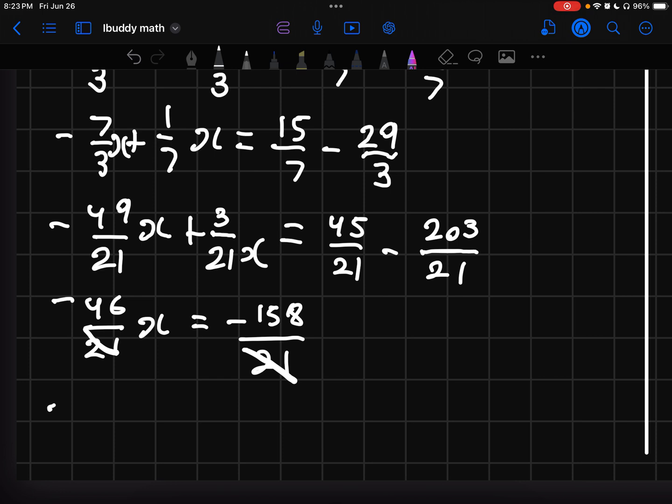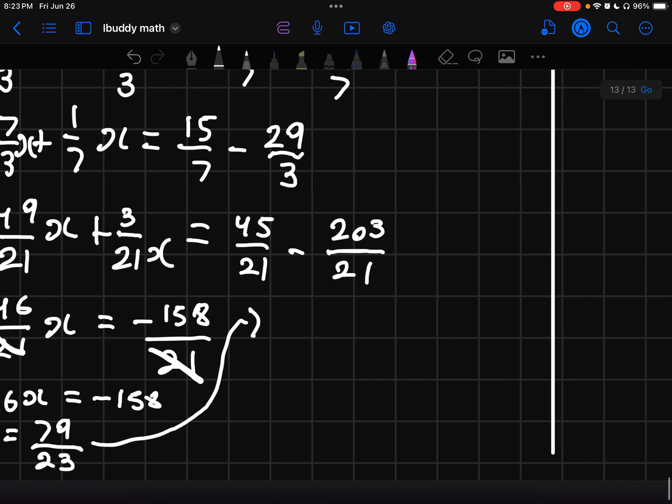And then we have negative 46x is equal to negative 158. x is equal to 79 over 23.